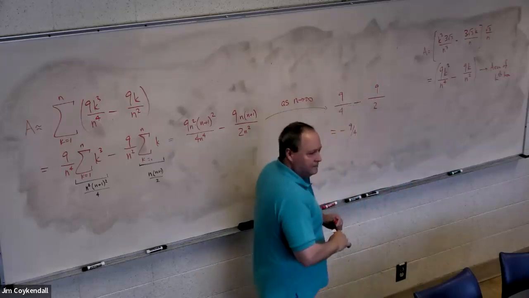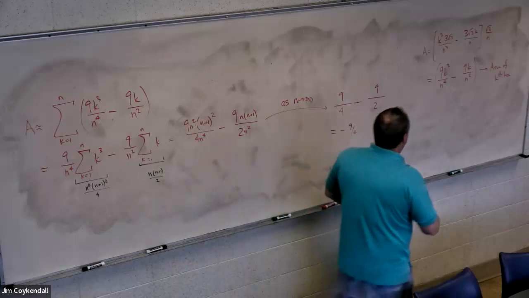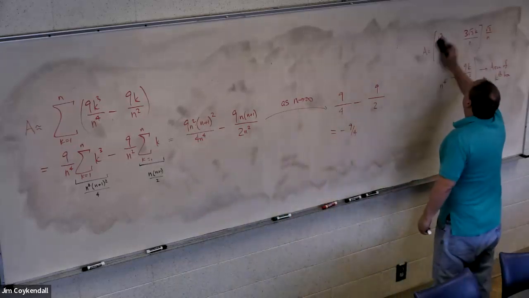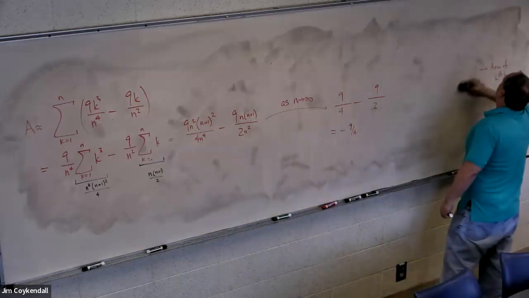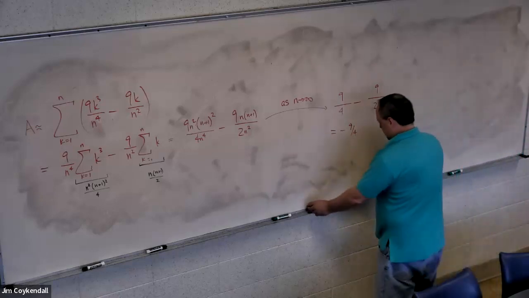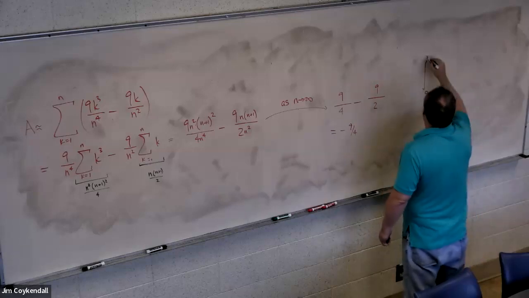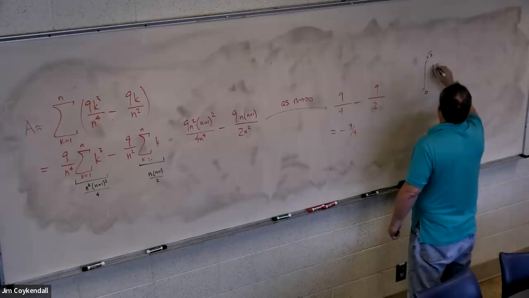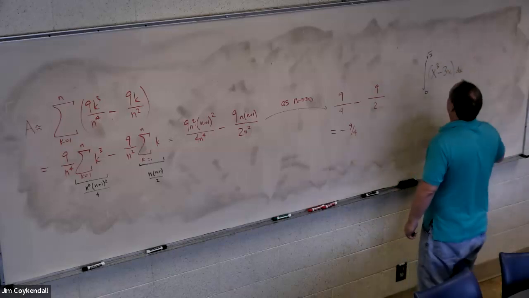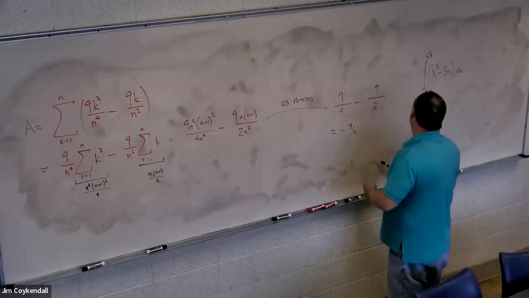Again, you can check this, because now we have the fundamental theorem of calculus at our disposal. Let's do this really quick. Notice we have a negative answer, so this thing must be hanging under the axis, and it is.